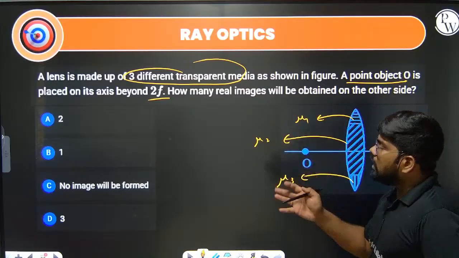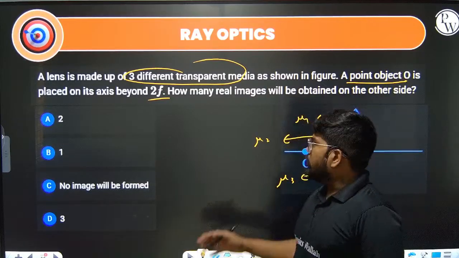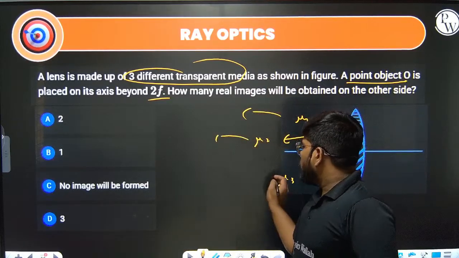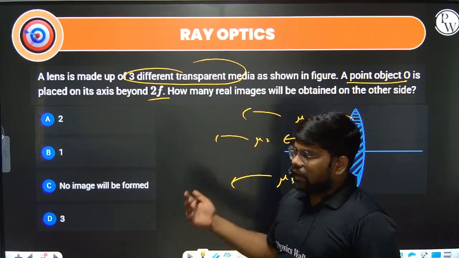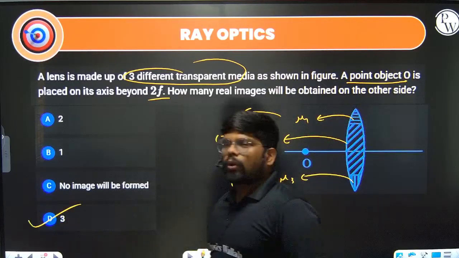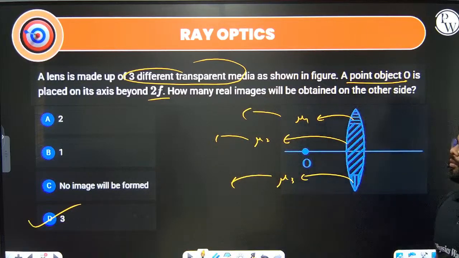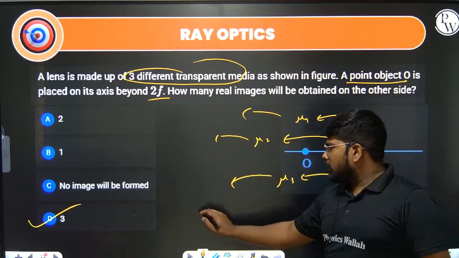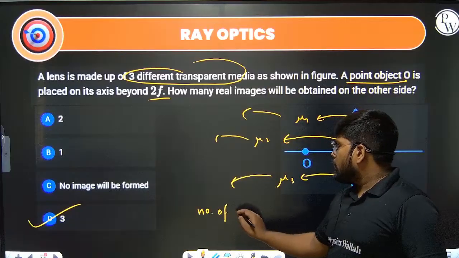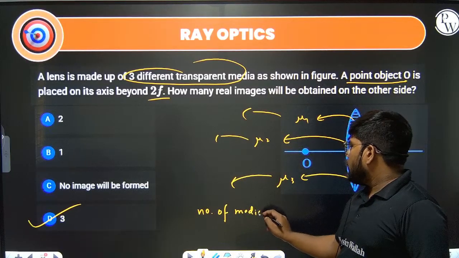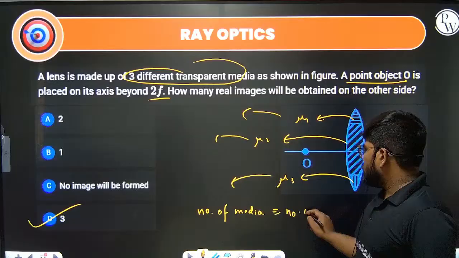When you have 3 different media, we will have 3 different focal lengths. If there are 3 different focal lengths, there will be 3 points where it will be focused and 3 images will be formed. So again, very simple. The number of media is equal to the number of images.